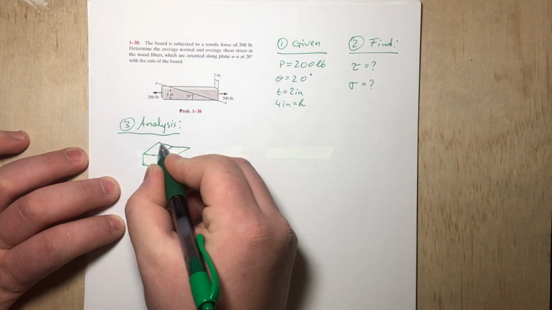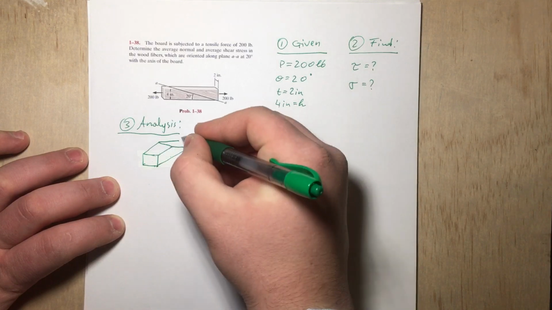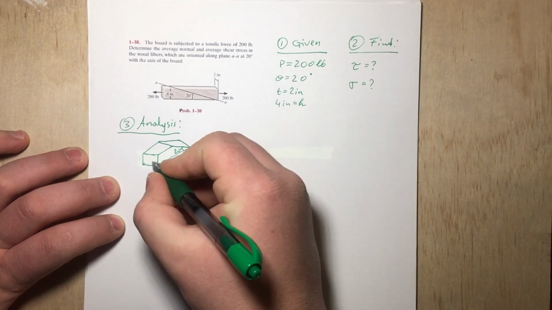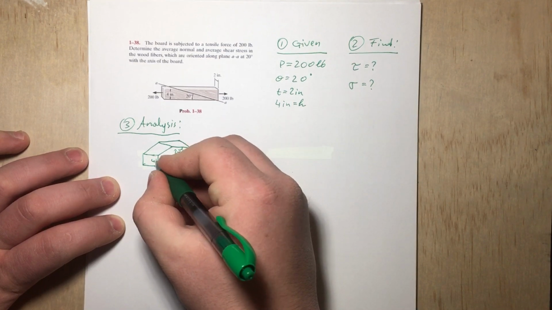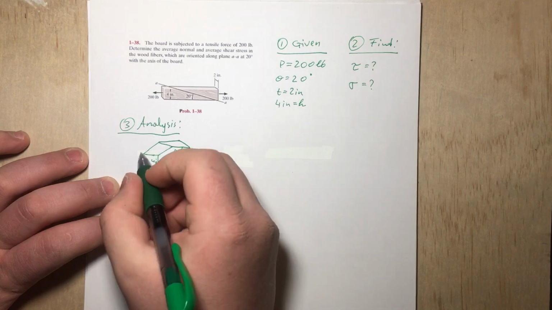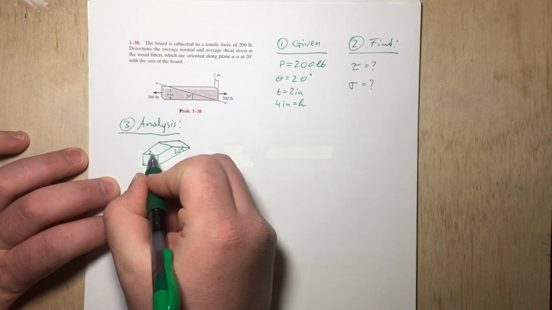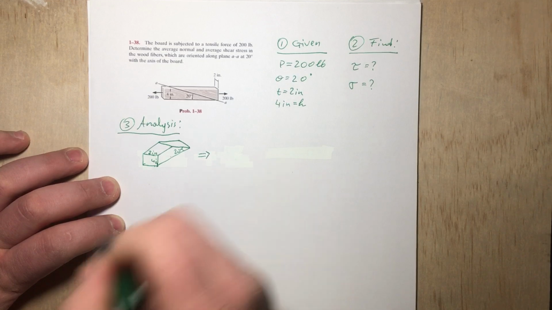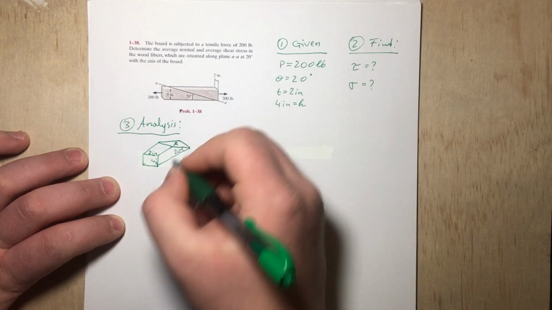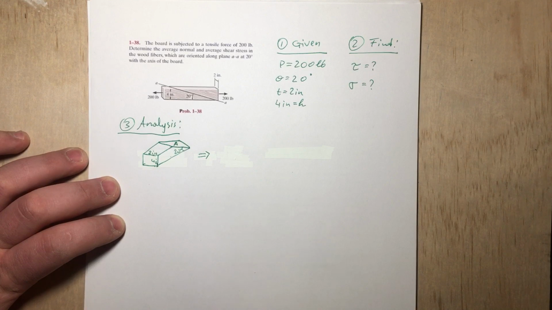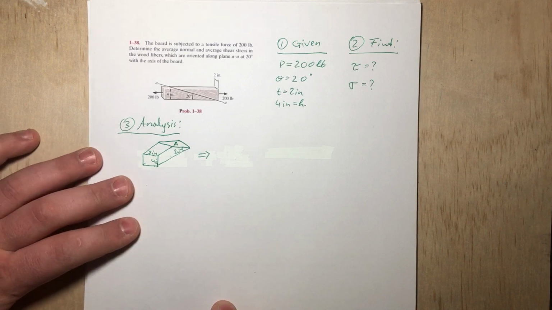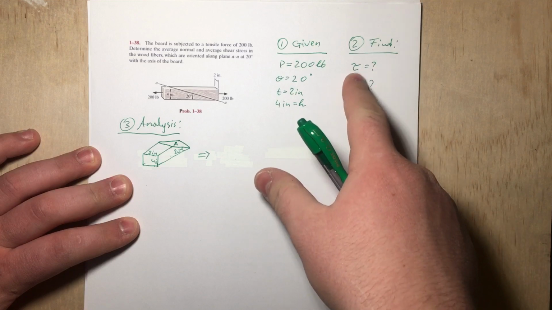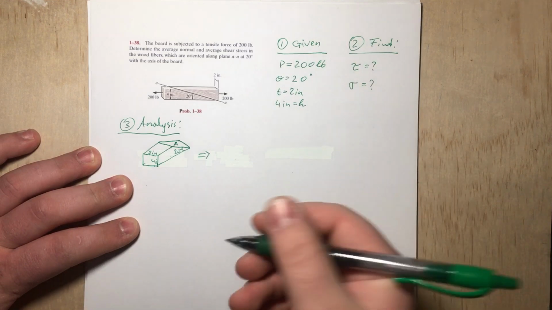More or less it's going to look like that, with this being 20 degrees, the height being 4 inches, and the thickness being 2 inches. We need to find this area right here because that is the area that will help us find the shear stress and also the normal stress.